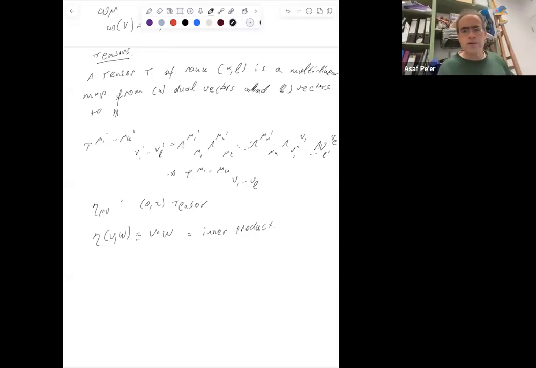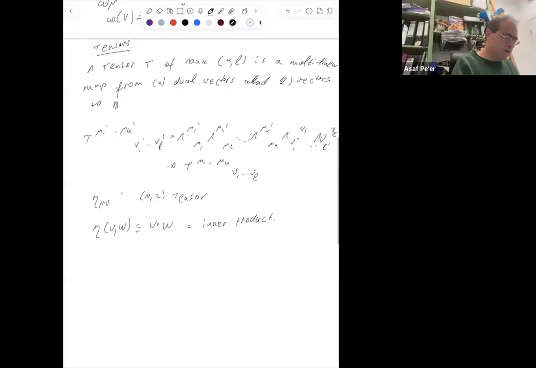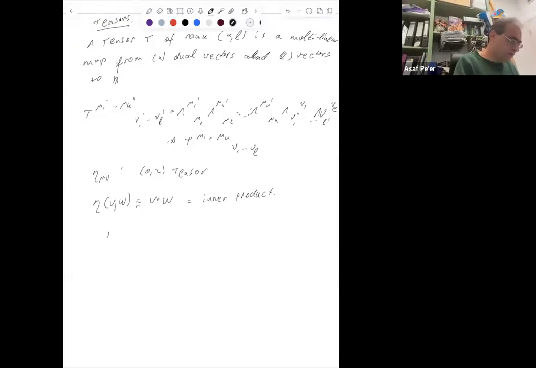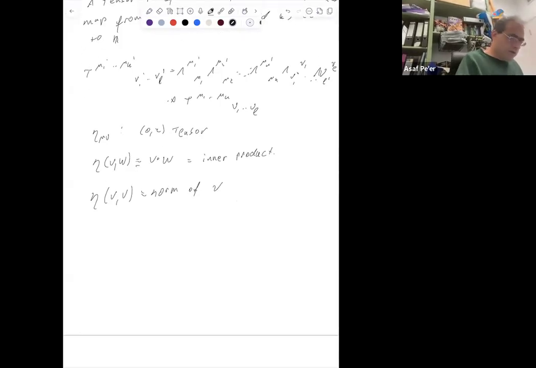And that enables us also to characterize the vectors. Of course, the norm of a vector is the inner product of a vector with itself. I should write it down also: eta of v, v, the norm of v, v squared.